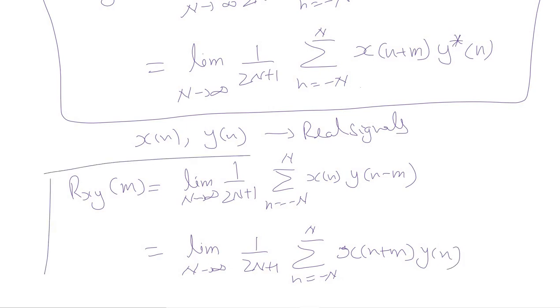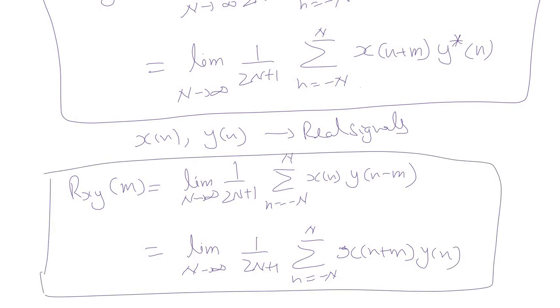So this is the cross correlation function for real signals x and y which are power signals.